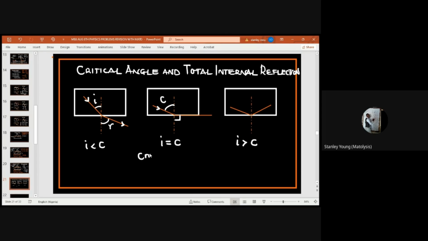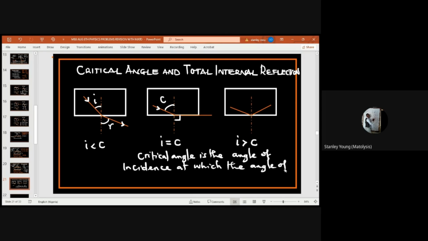So critical angle is the angle of incidence at which the angle of refraction equals 90 degrees.